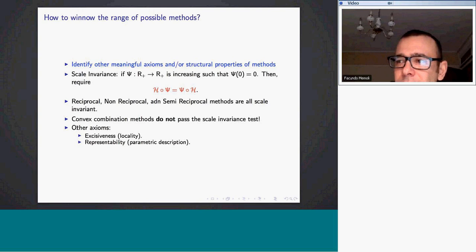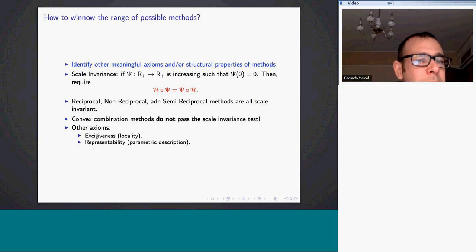Now, recently we had two other axioms or properties of methods, and I plan to talk about only one of them.